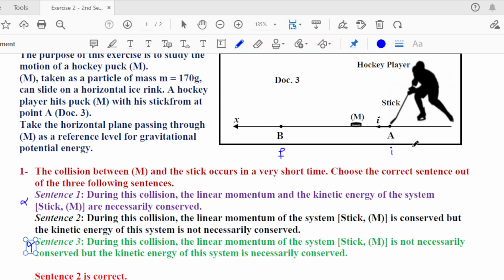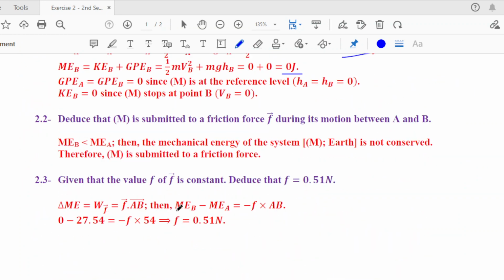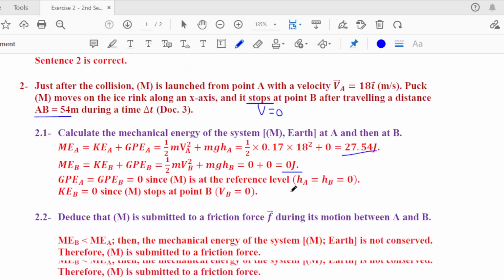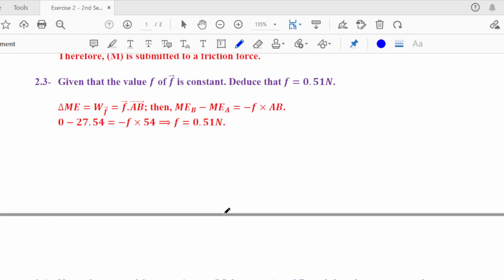Mechanical final minus mechanical initial is delta mechanical energy: mechanical B minus mechanical A equals minus F times distance. Mechanical B is 0, mechanical A is 27.54, with distance AB 54, we get F equals 0.51 newtons.